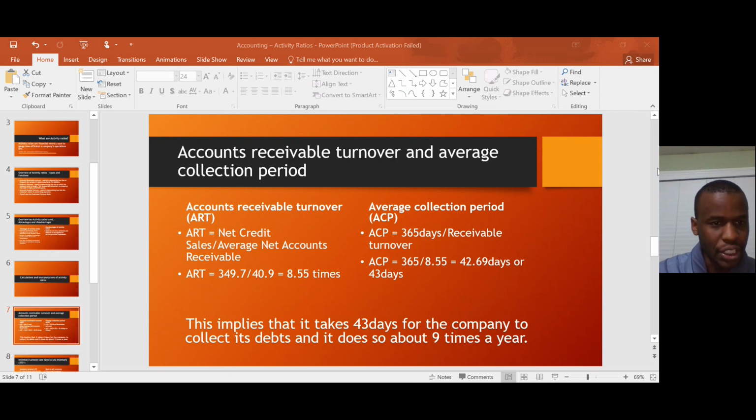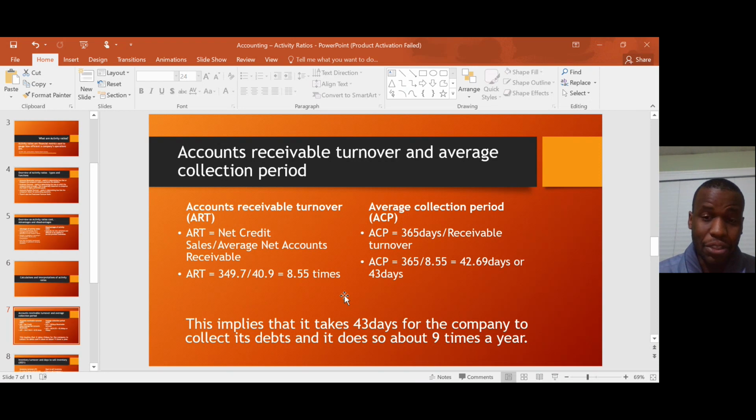So the assumption was that all the sales which were made for that time were made on credit. So we got the cost of sales, which was for 2021, 349.7, and we divided that by the average net accounts receivable, which was 40.9, and it gave us 8.55 times, which is roughly 9 times.